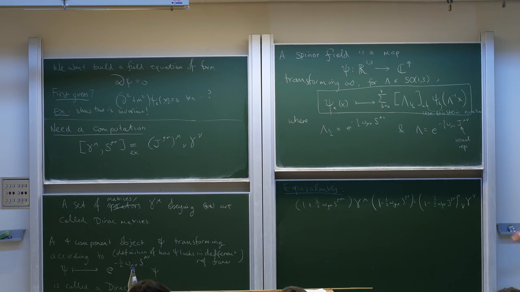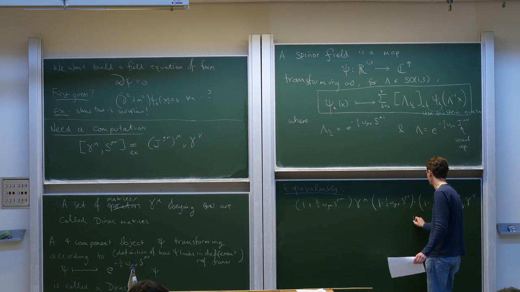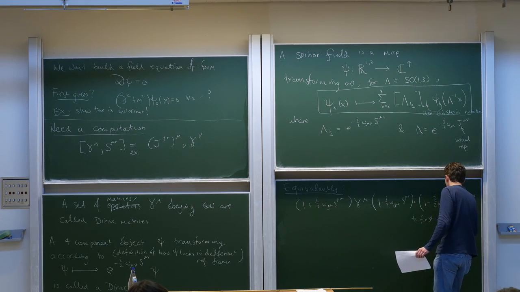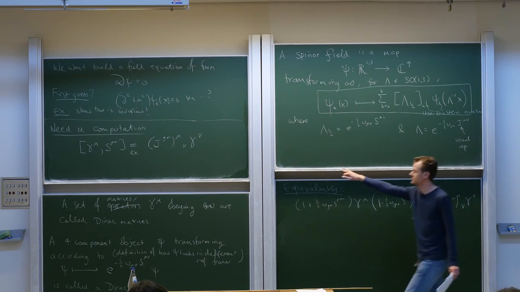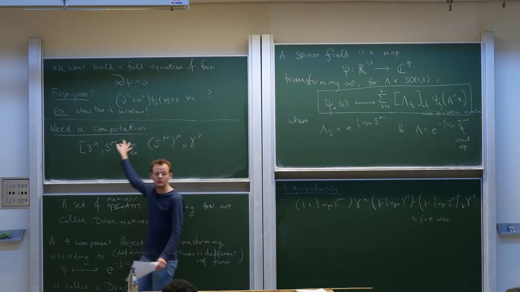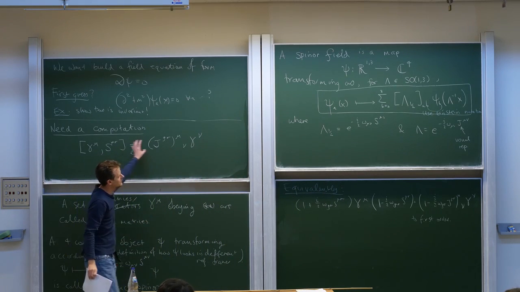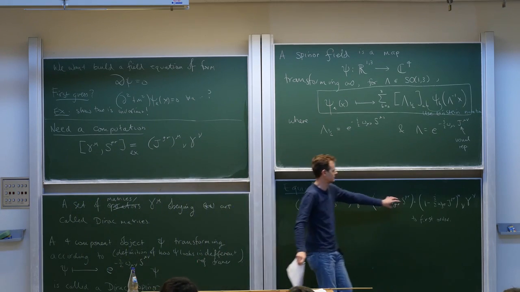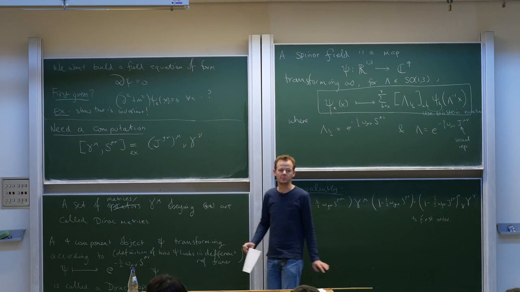So let's write out the exact same thing to first order. Take this identity here, and we're going to use it to deduce that this is true to first order in the smallness of omega.